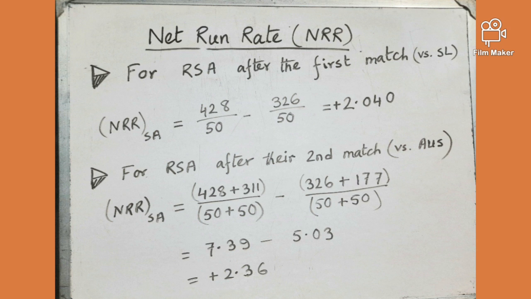And for the next game against Australia, the net run rate is reflected as 428 plus 311, that is total runs scored by South Africa in 100 overs, minus 326 plus 177 runs scored by the opposition, that is Sri Lanka and Australia, in the total quota of allotted overs 100, and it will give plus 2.360.